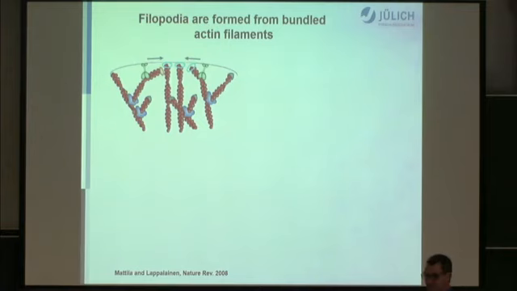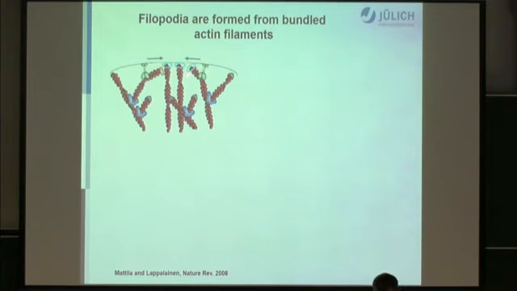In this case, it's fascin. Also, proteins bind to the plus end of the actin filaments, inhibiting the capping of those filaments and making sure that they are able to grow over a longer period of time. Those proteins are formins.